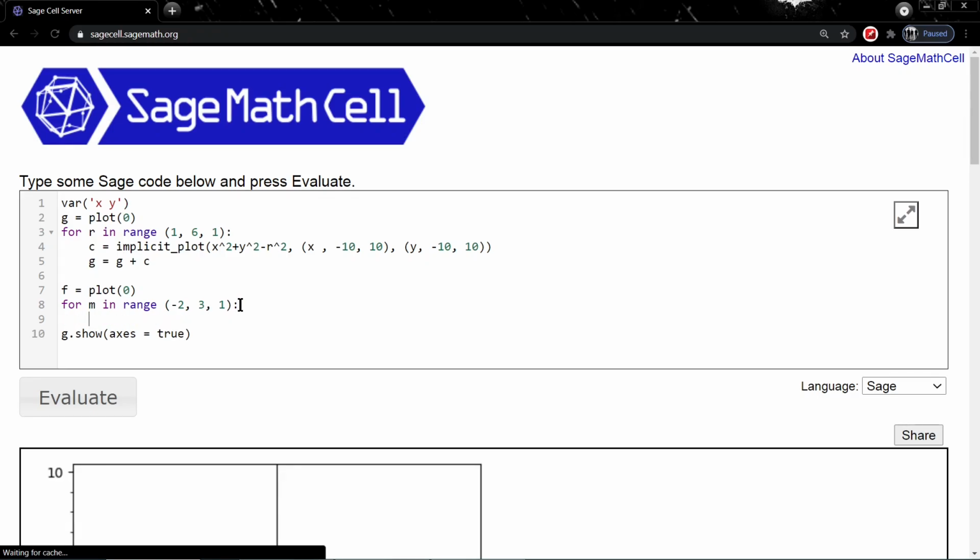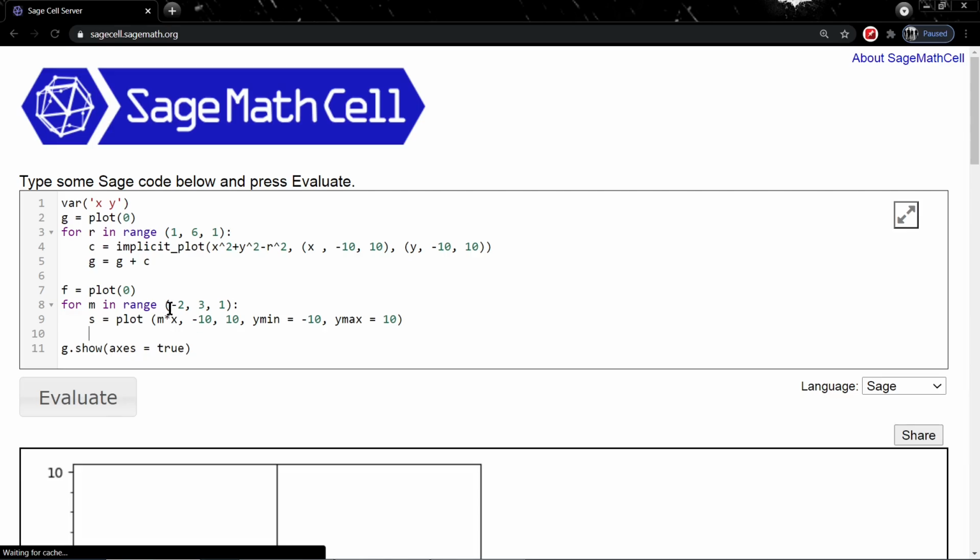Now, we will use a variable s for straight lines and write plot m multiplied by x, x range from -10 to 10 and y range from -10 to y max equal to 10.